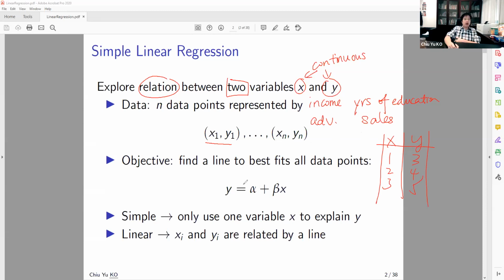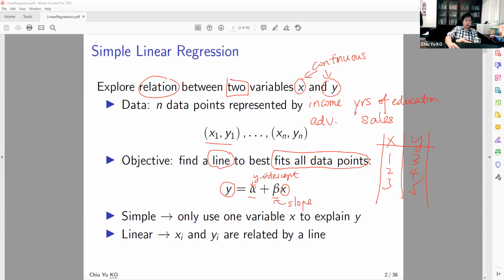Here, linear regression, the key is linear. You try a line to best fit all the points. Here the y is connected to x in a linear way. This is the y-intercept, and this is the slope.